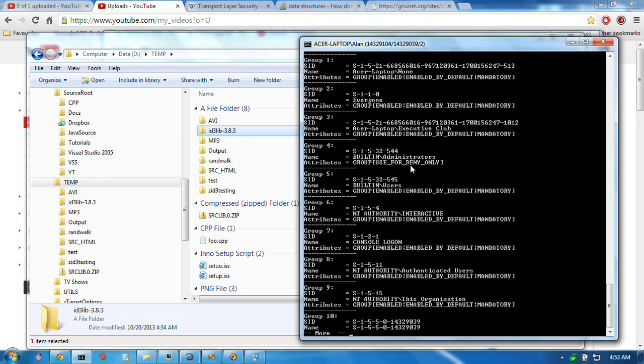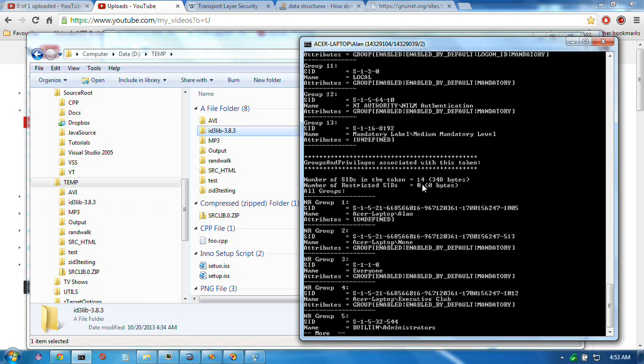I made an explicit denial for administrators, and that caused me to be denied access. So this is certainly working for deny and not for access. So that's doing what it's supposed to do.